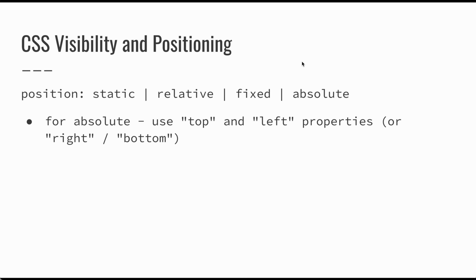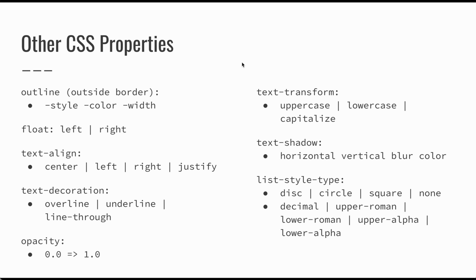And then for visibility and positioning, you can set position to be static or relative. You can also set the position to be absolute, and then you'll need to set the top and left properties so that you can specify how many pixels from the top and how many pixels from the left, or what percentage from the top and left, those elements should show up. So if you need to specifically position things, you can use absolute position in your CSS.